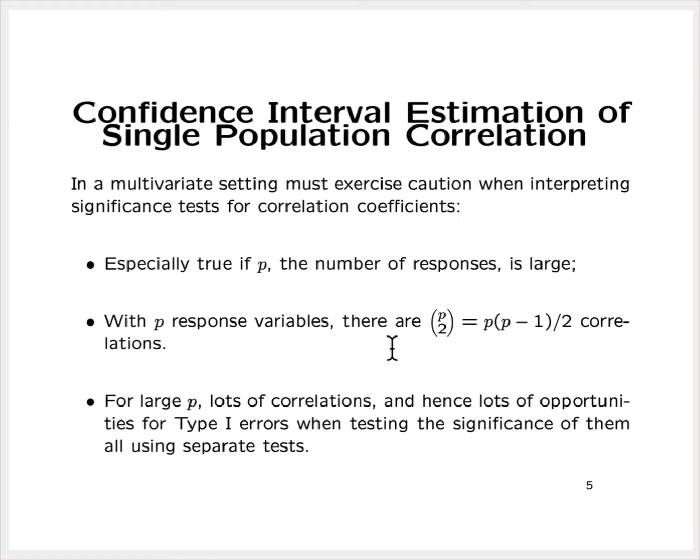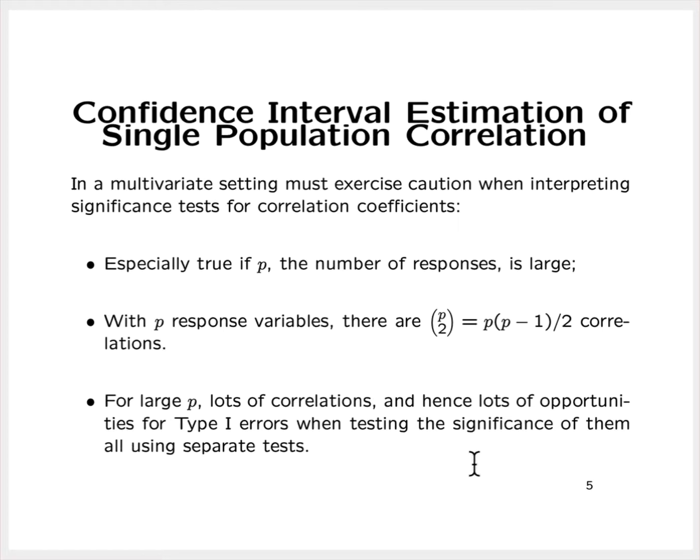And the number of such correlations as a function of p is going to be p times p minus 1 over 2. So the number of correlations grows quadratically with p.